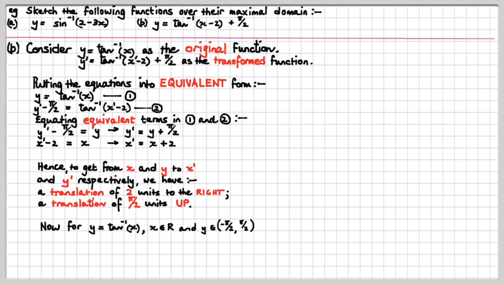Now we've got to see what we can do with that, okay? For the graph of y equals inverse tan of x, we know that x is all real numbers, don't we? And we also know that y goes from minus pi/2 to pi/2 non-inclusive. So we've got to basically work in a translation of 2 units to the right and pi/2 units up to figure out what the new graph's going to look like.